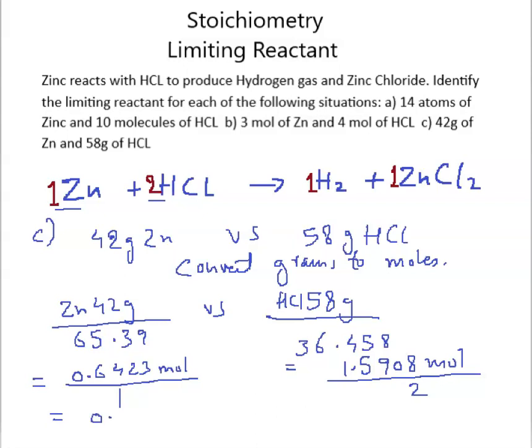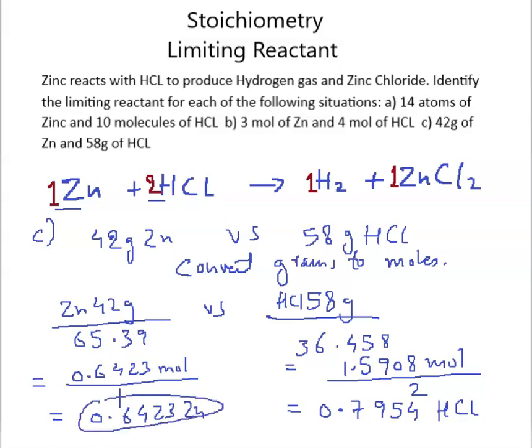This would be exactly the same. However, this one we get 0.7954 moles per coefficient. So that means in this scenario, zinc is a limiting reactant. This will run out first. Thank you.